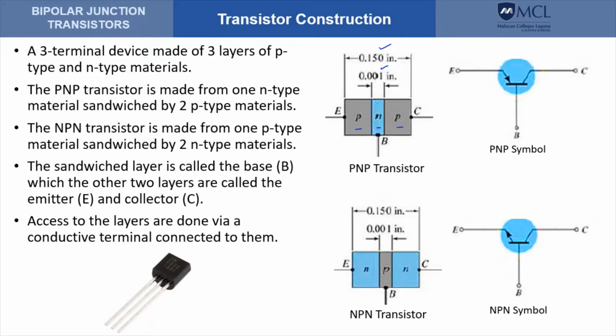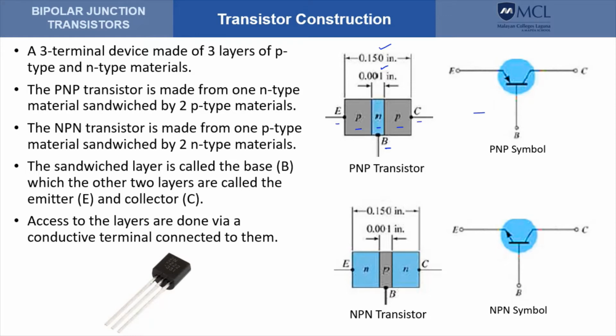Access to the layers is done by connecting a conductive terminal to them. These terminals are called the base terminal, that is connected to the center layer of the transistor, and the other two outer layers are connected to terminals labeled E for emitter and C for collector.